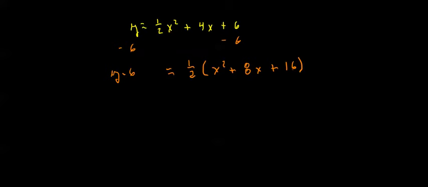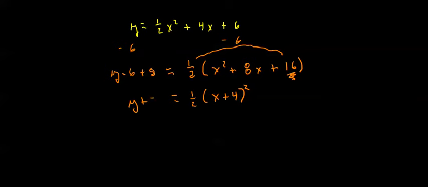And now what did I actually add here? I didn't add 16, even though I wrote 16. I added 1/2 times 16, which is 8. So I add 8 there. That gives me 1/2 times the quantity x plus 4 squared equals y plus 2.